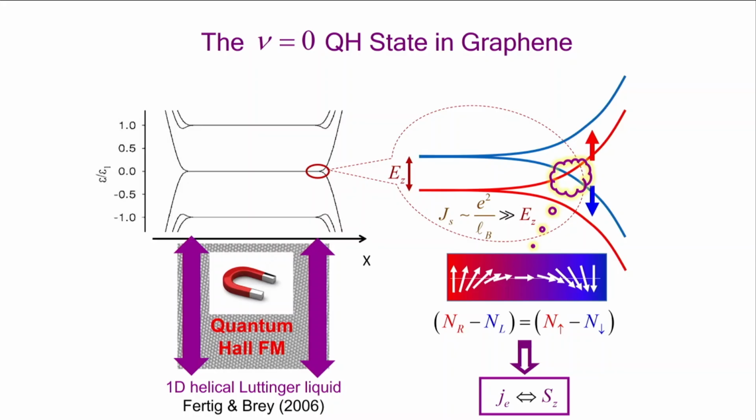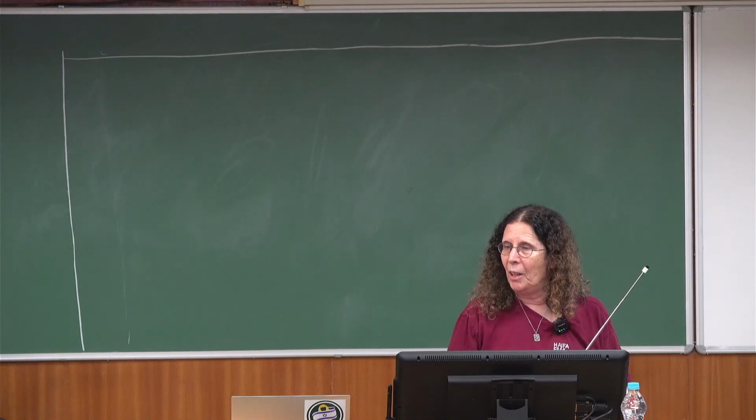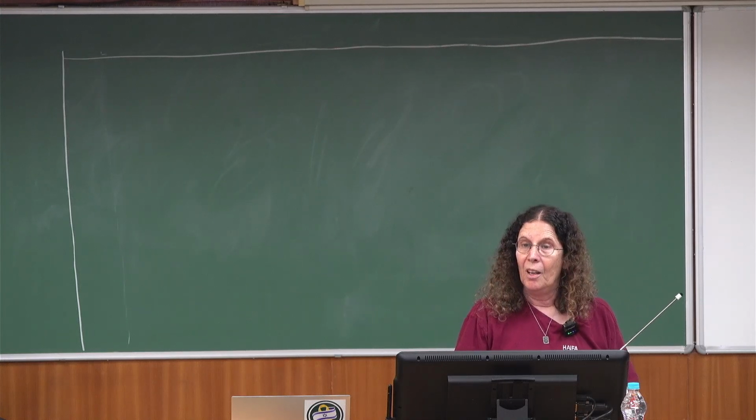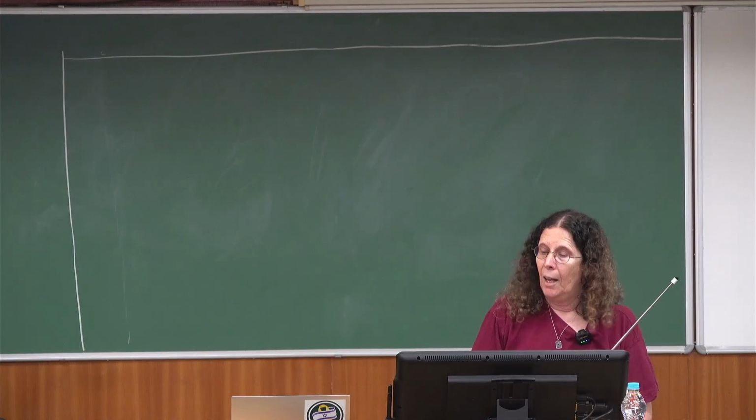Because these are helical states, so all the spin ups are right movers, all the spin downs are left movers. So the difference between right and left movers is electric current, right? That's what dictates the current, but it's also the same as the difference between spin up and down, and that's Sz, okay? So spin and charge are locked to each other, okay?